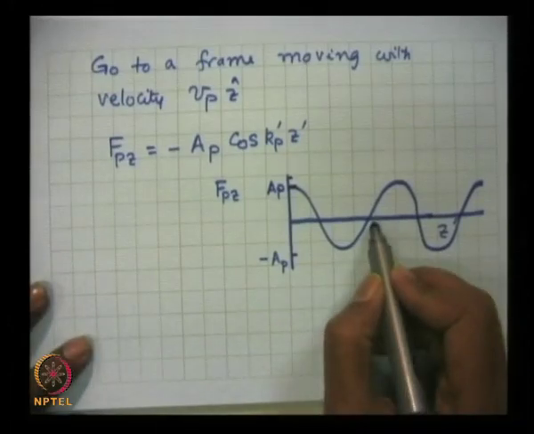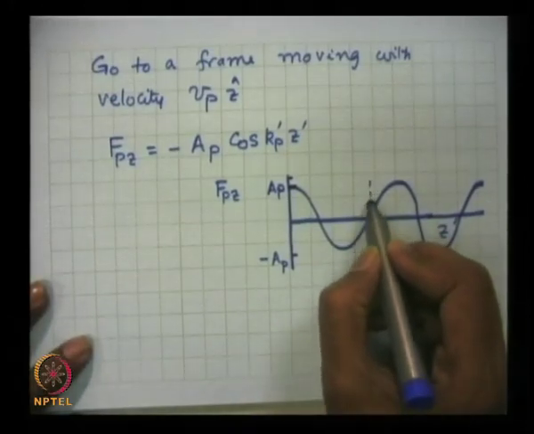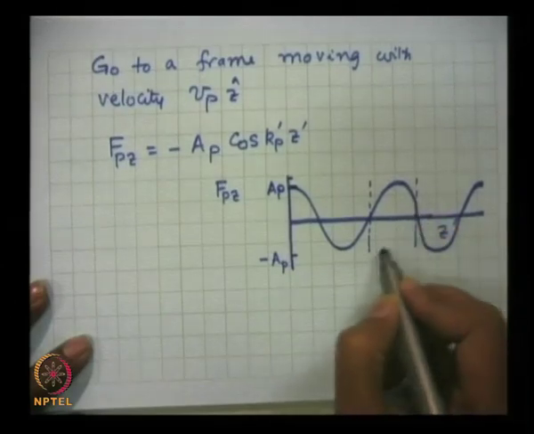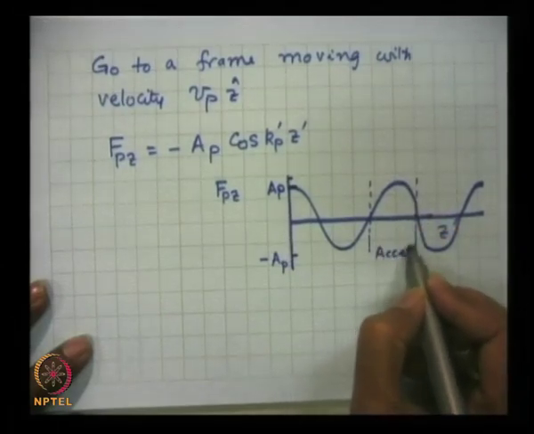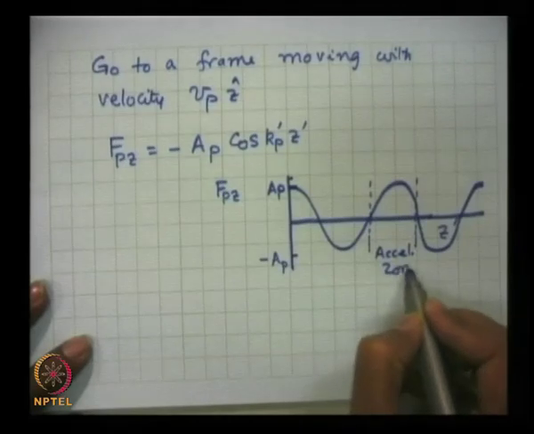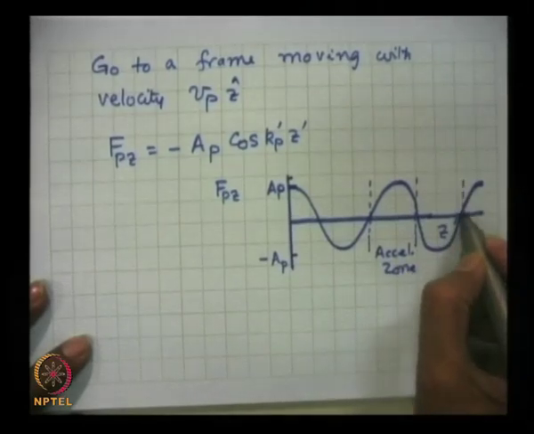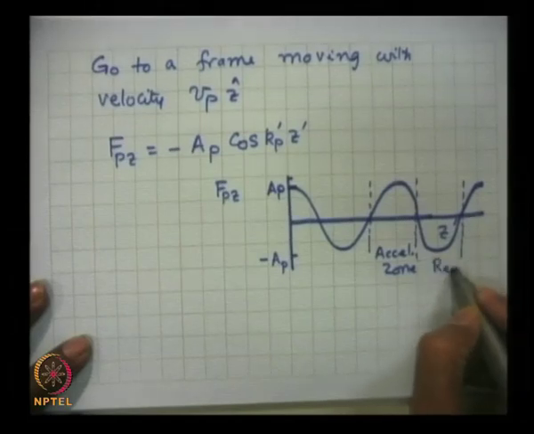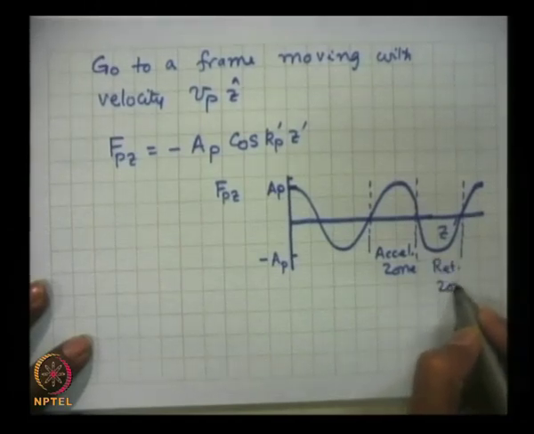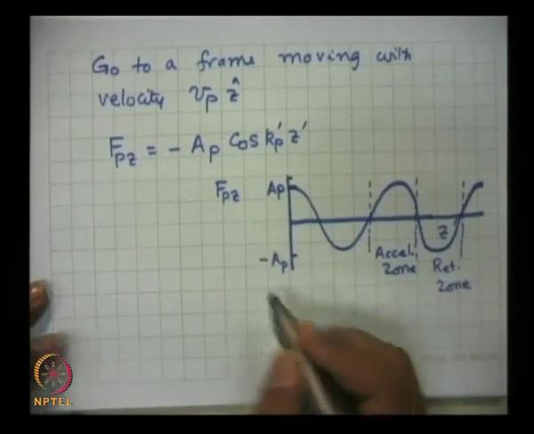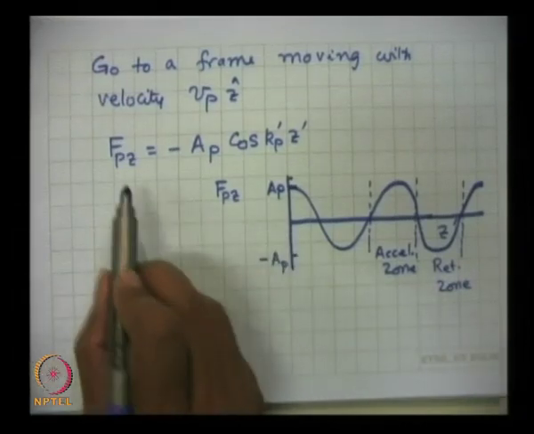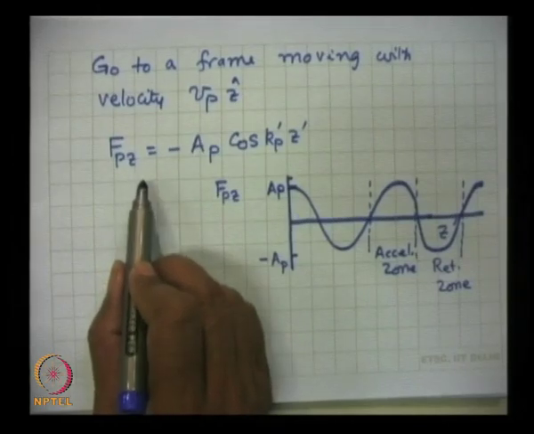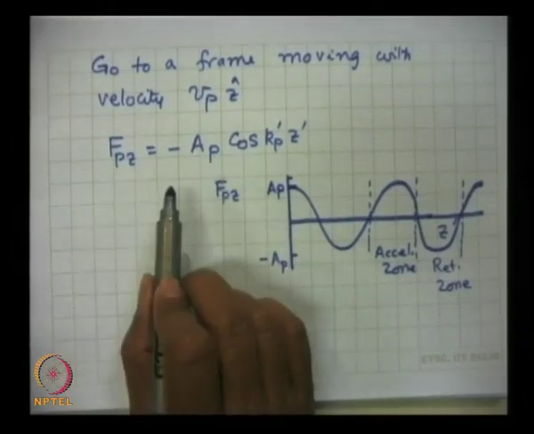So, this is positive here, I will call this the accelerating zone, and this region I will call the retarding zone, because Fpz is in the reverse direction. This is the force experienced by the electrons due to the combination of Wiggler and laser fields.